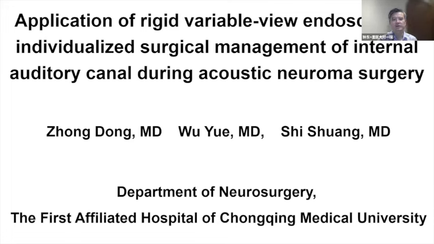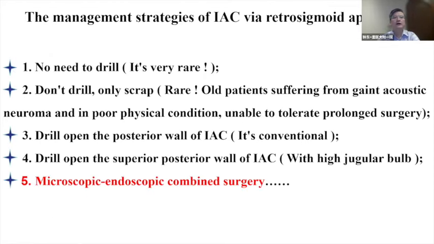Today, we will talk about application of rigid variable view endoscope in individualized surgical management in the auditory canal during acoustic surgery. Acoustic neuroma surgery has been developed over 100 years.